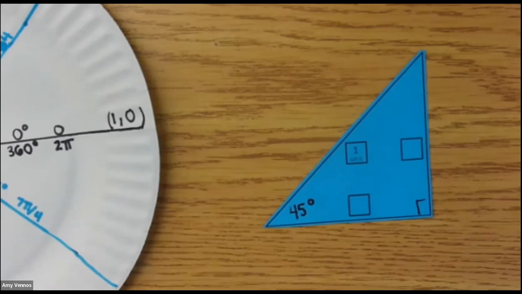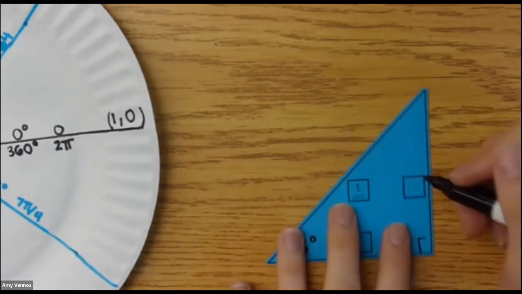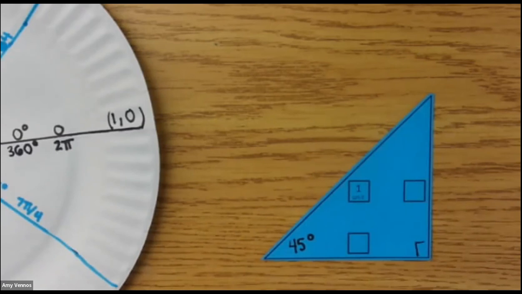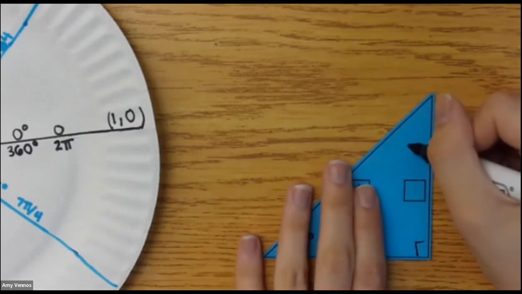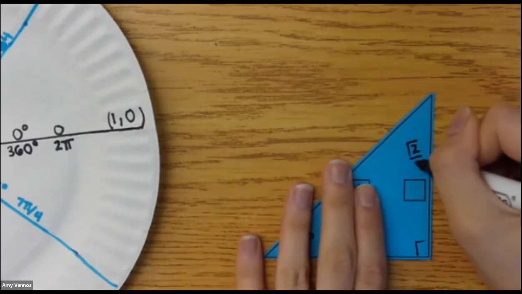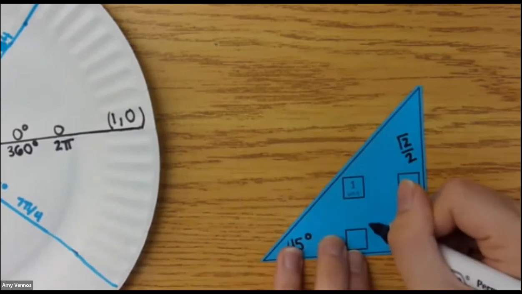Now, there is a way to prove what the side lengths are, but since we're strapped for time, I'm going to tell you the lengths of each of the sides. This is an isosceles right triangle, which means the two side lengths are the same, and they're both length square root of 2 over 2.